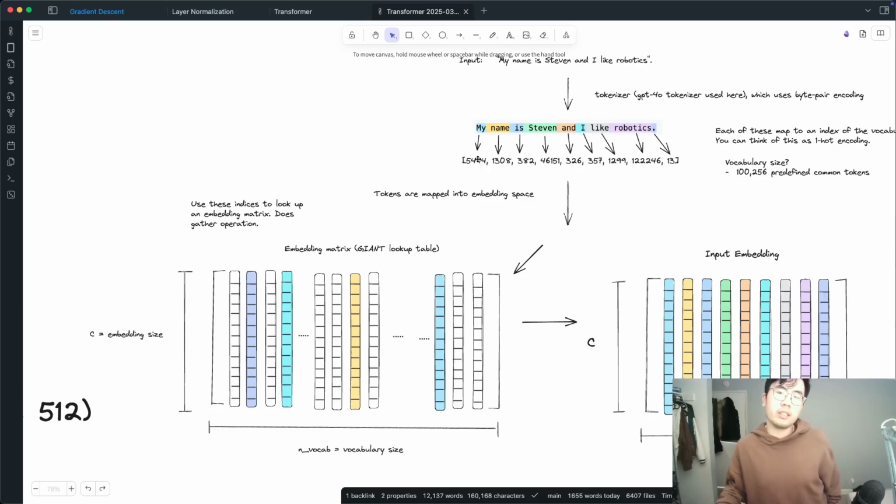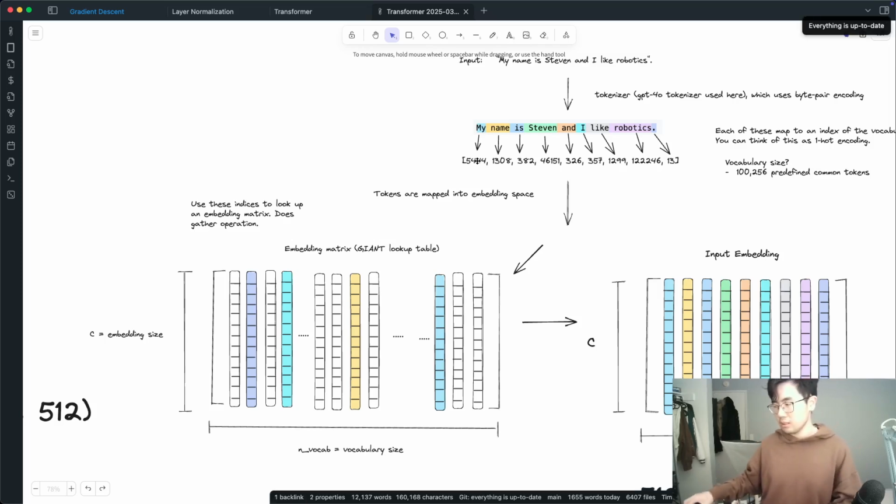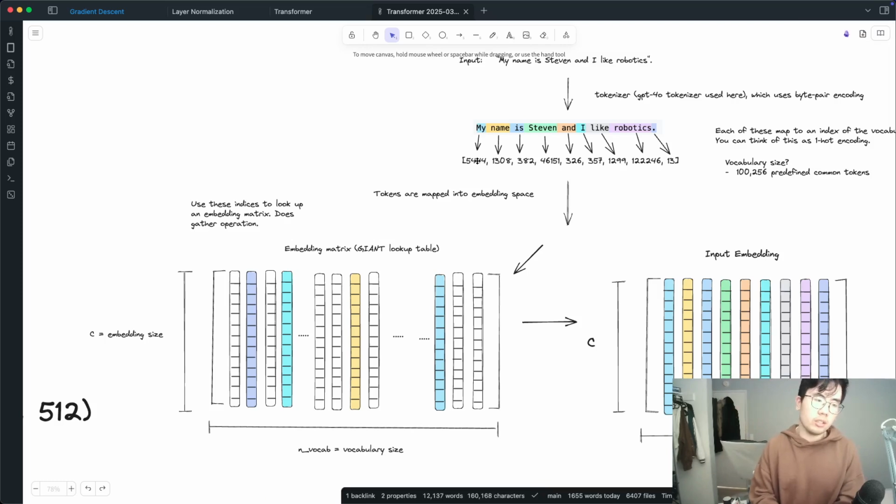So the idea is we want to encode these indices into something higher level. Right now, let's say our vocab size is 100,000.